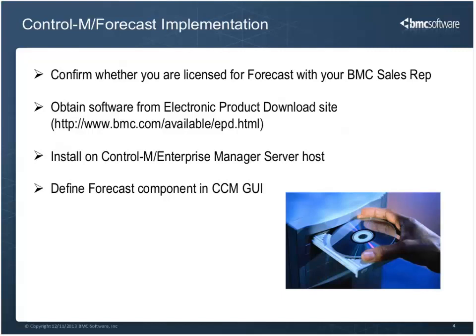And once you have your license, you can obtain the software from our electronic product download site at the link mentioned there. And it's basically an activation. You run the setup for Forecast on your Enterprise Manager server host, after which it will create the necessary defaults in there for you. And finally, you go into your Configuration Manager GUI and define the Forecast component.